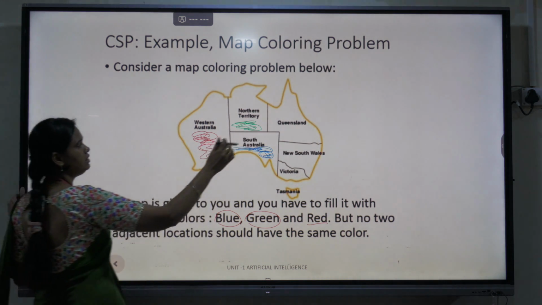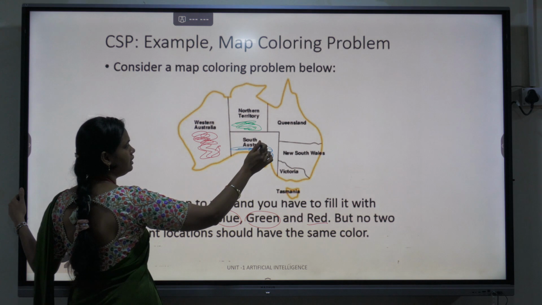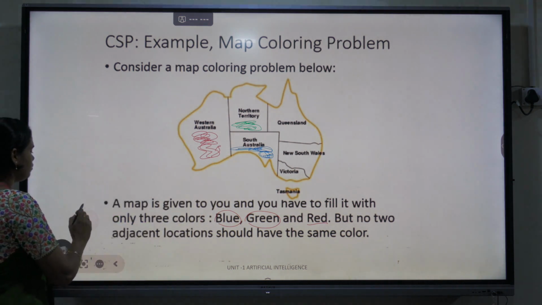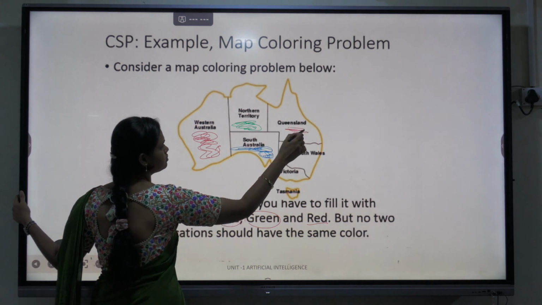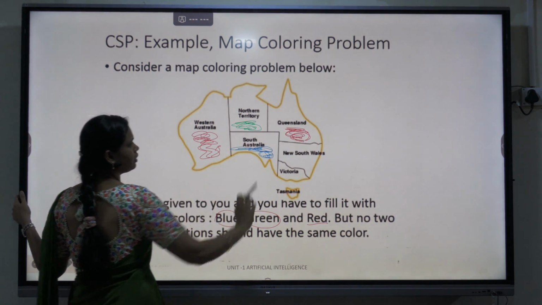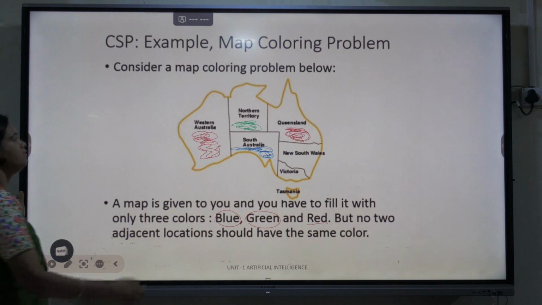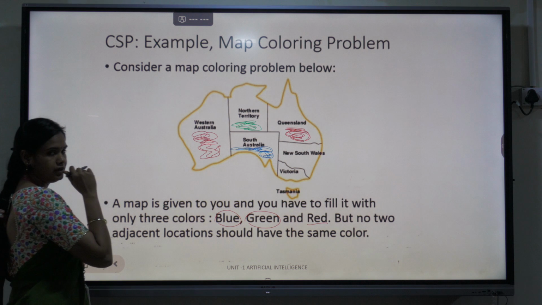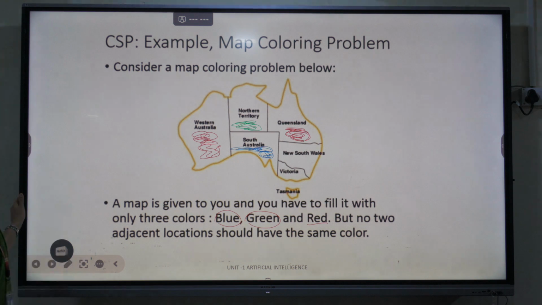So I can't fill Queensland with green or blue. The only possibility for Queensland is red, because the red given to Western Australia is not adjacent to Queensland. So we can provide red there.